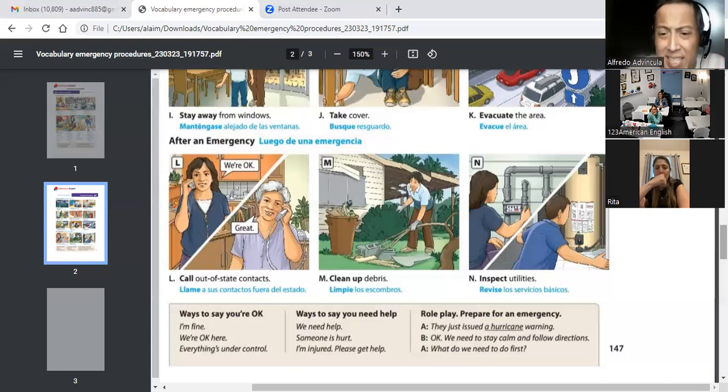And the last one is inspect utilities. Remember we talked earlier about the different shutoff valves? So now you want to check. You want to make sure that nothing was damaged.